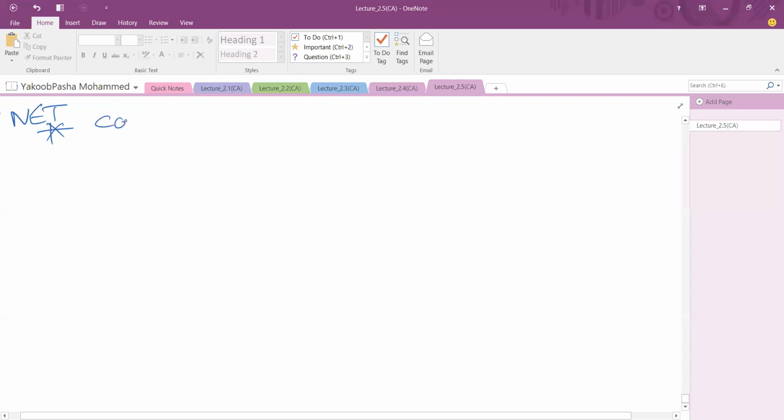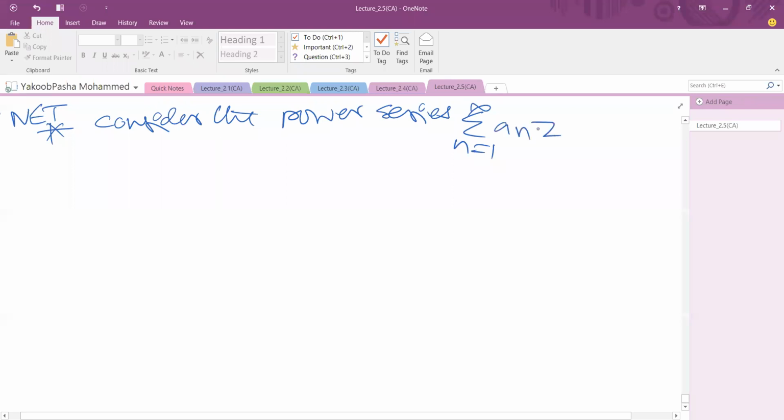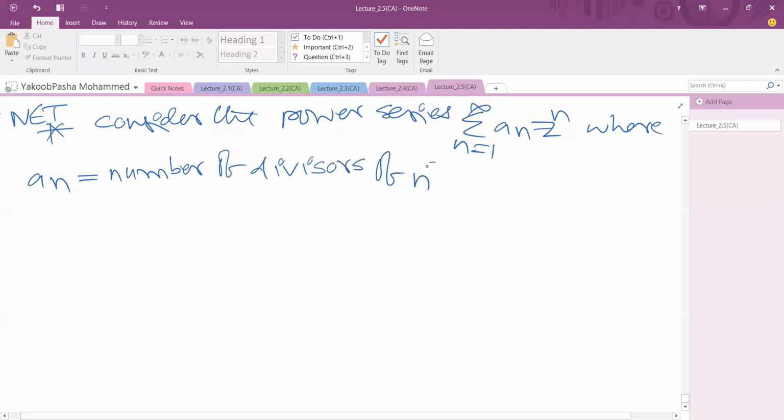Consider the power series, summation n is equal to 1 to infinity of an z power n, where an is equal to the number of divisors of n to the power of 50.